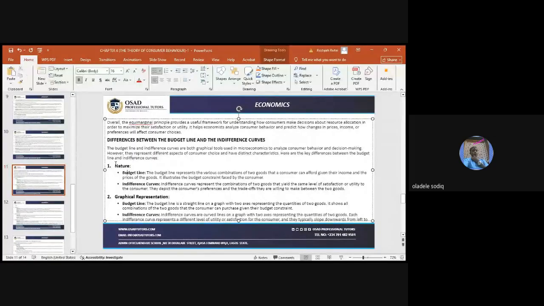So when you are differentiating, you need to put a heading. The first one is the budget line.